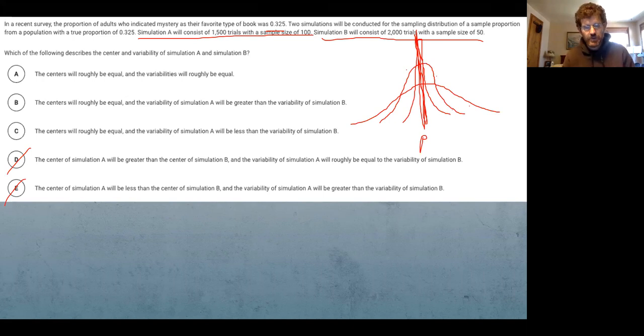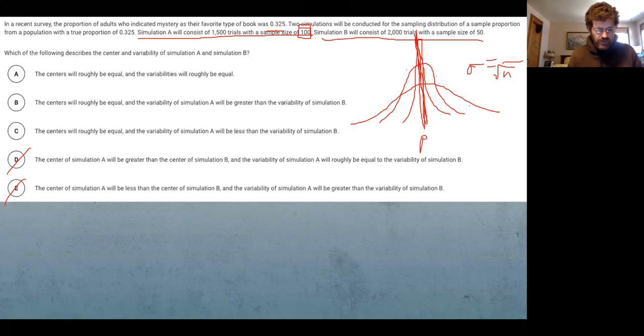And it's an inverse relationship. The larger the sample size, and 100 here is the bigger one, the smaller the variability. Remember, in both cases with our standard deviation, we're dividing by n, basically square root of n. So this 100 sample size is going to have less variability.